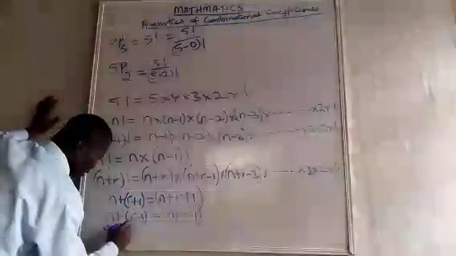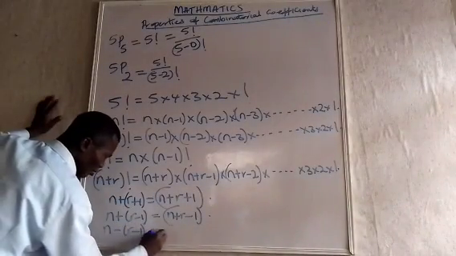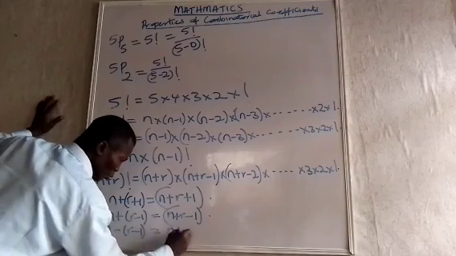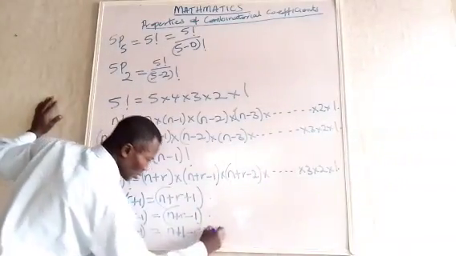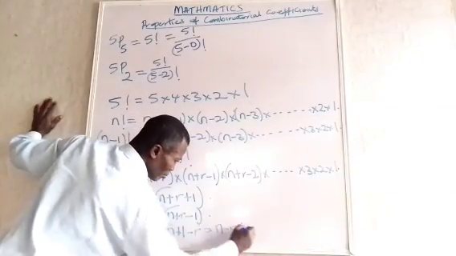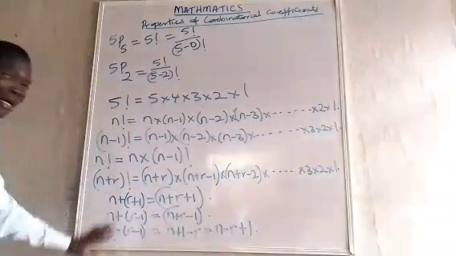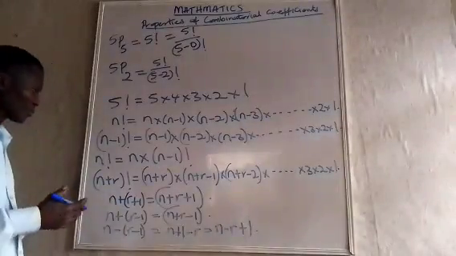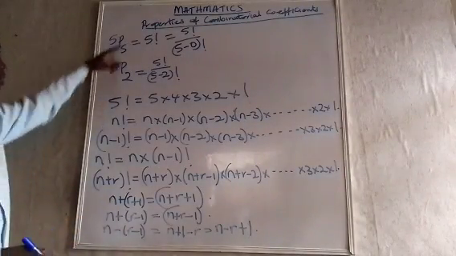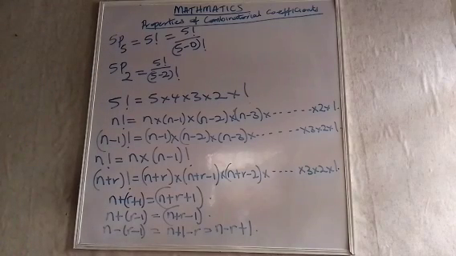So if you have n minus r minus 1, it's going to give you n plus 1 minus r, which is also equal to n minus r plus 1. So you can see, I want you to have this in mind by the time we go deep into the properties of combinatory factorial coefficients. So I think with this, the mind is prepared. Let's go deeper into the topic.